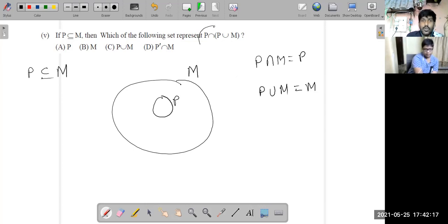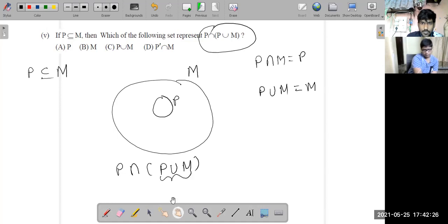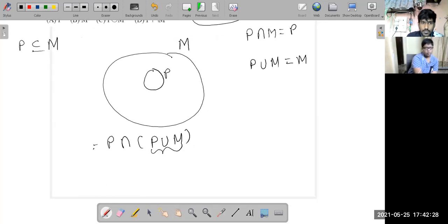M. Now look at this expression, P intersection (P union M). What is this equal to? M. So instead of that, write M.